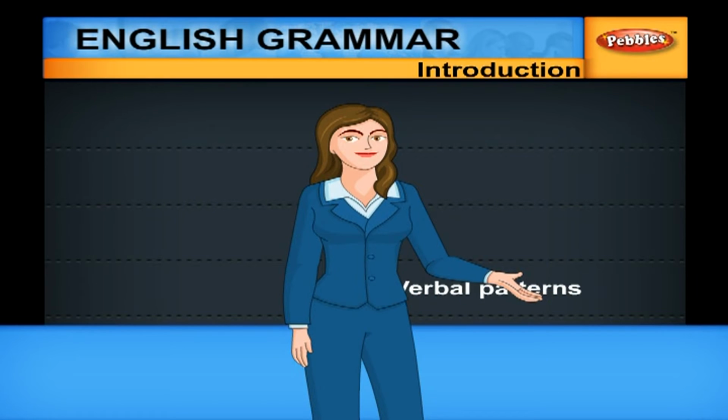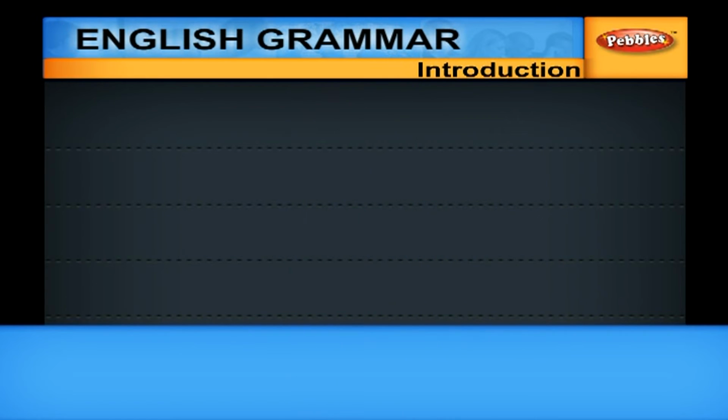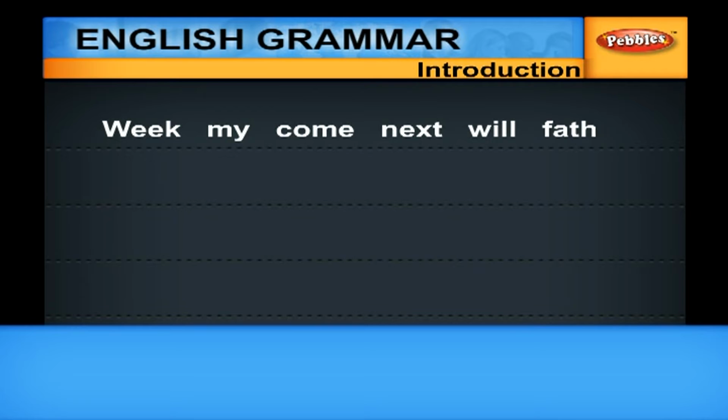Let me give you a set of jumbled words: week, my, come, next, will, father. How do we form a sentence from these words? You find out that some words tend to go together with some other words.